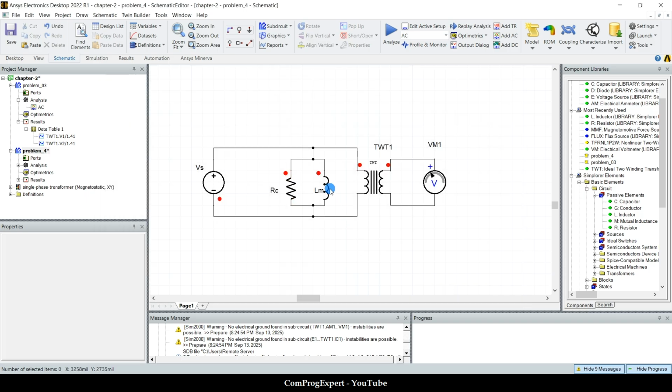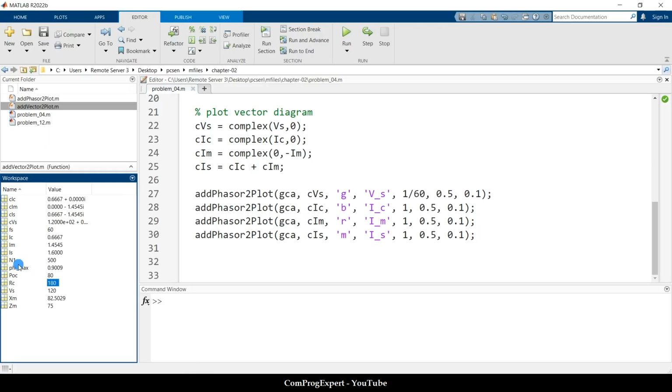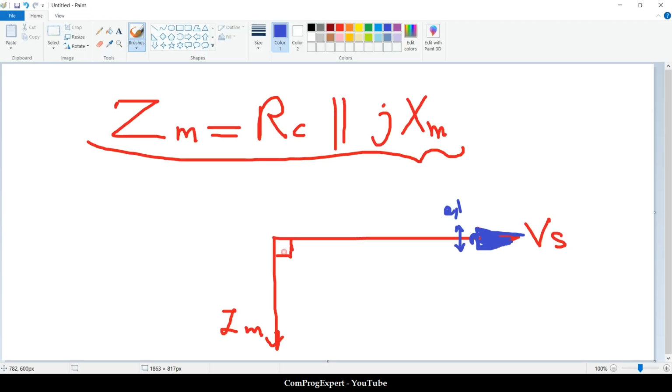Okay. What is the value of Lm? This is inductance. We calculated the Xm, the reactance. So you know that Xm is omega L, depending on the value of the frequency.